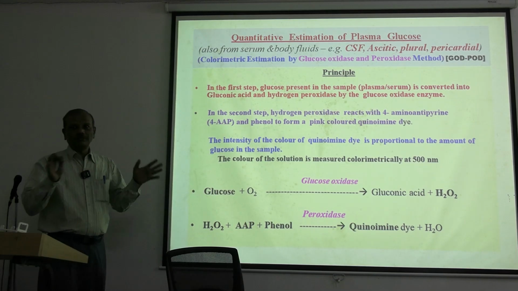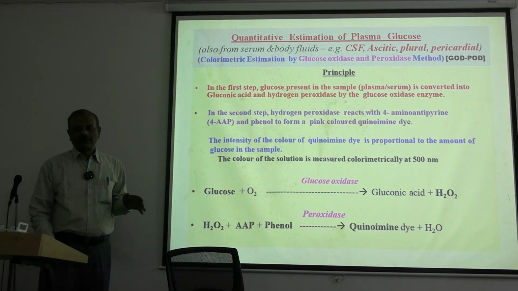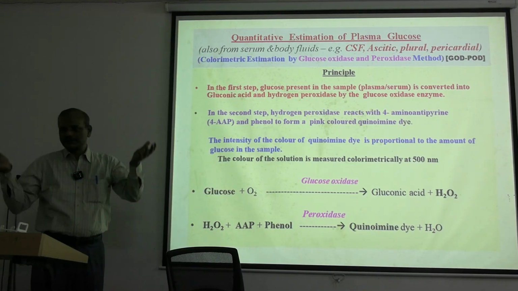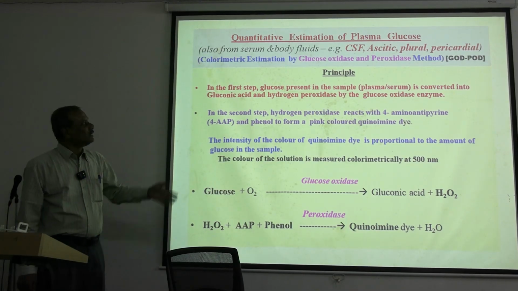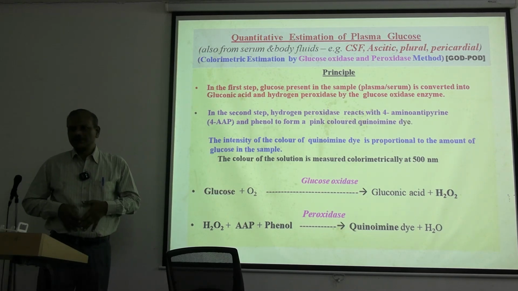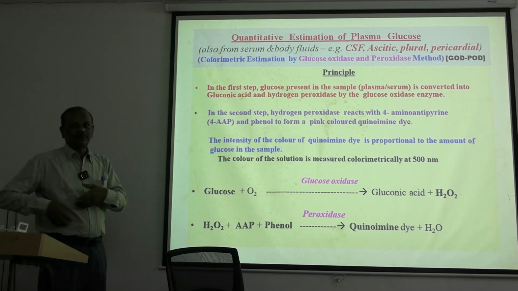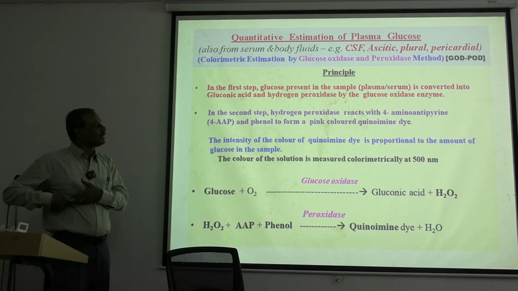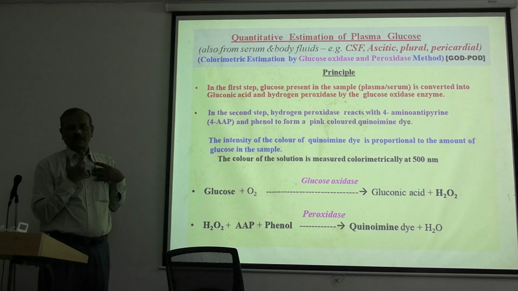So, in the body fluids, glucose is also present, like cerebrospinal fluid, which bathes the central nervous system, brain and spinal cord. And ascitic fluid, sometimes fluids accumulate within the abdomen. That is called ascitic fluid. Sometimes fluid accumulates in the peritoneal cavity, or the pericardial cavity, which encloses the heart.